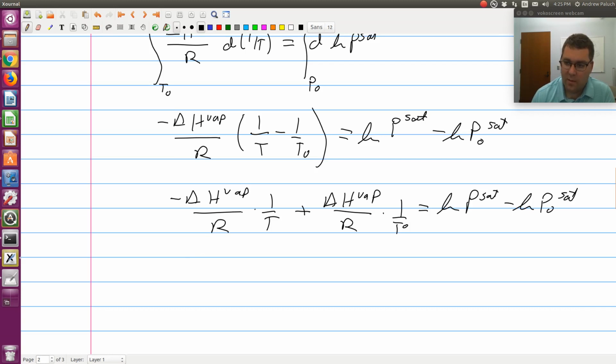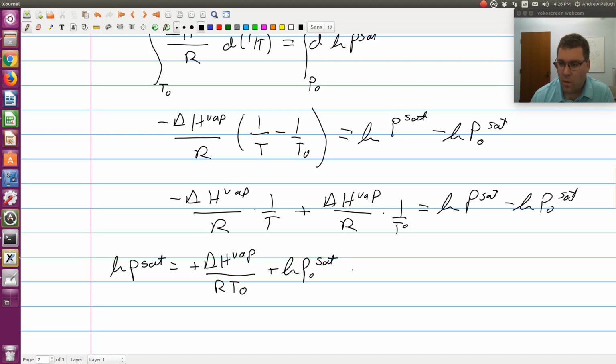I'm actually going to flip these sides. The log PSAT is equal to, let's write this first positive, delta H of vaporization over R T naught plus log P naught sat minus delta H of vaporization over R times 1 over T.